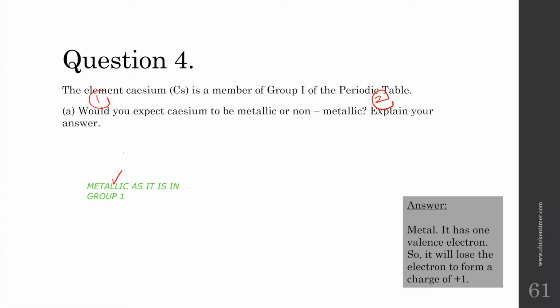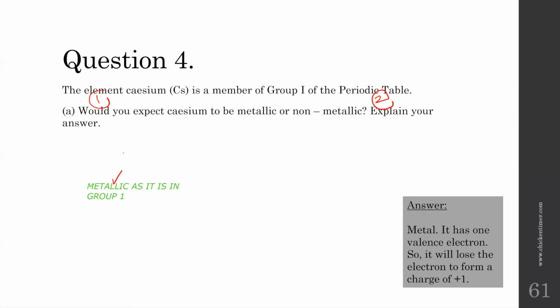So whenever you have a question asking whether something is a metal, you will say that it is because it loses X number of electrons to form a positive ion. The reverse is also true. Sometimes they'll ask you to explain whether element X is a non-metal.